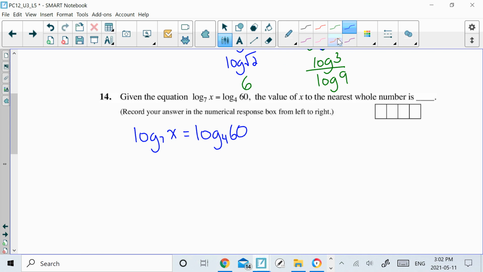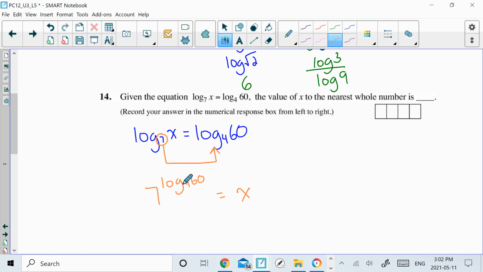I'm going to show you an alternate method. Sometimes students will look at this and they will say, okay, I've got 2 logs, but I could go out of log form by saying 7 to that power is equal to x. So 7 to the power of the log base 4 of 60, and that is all equal to x.